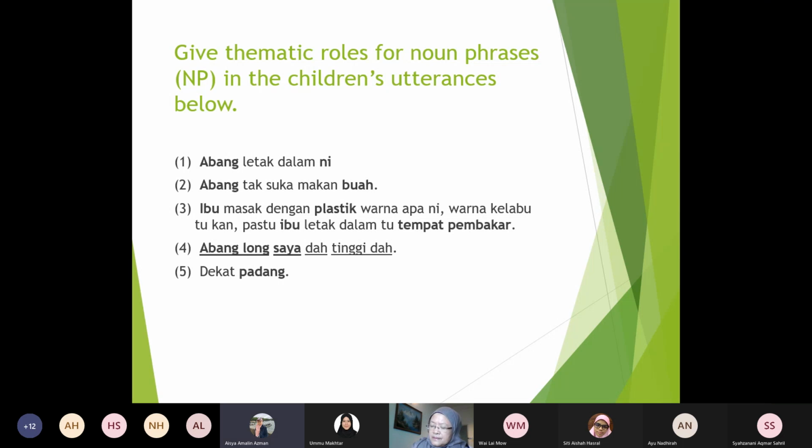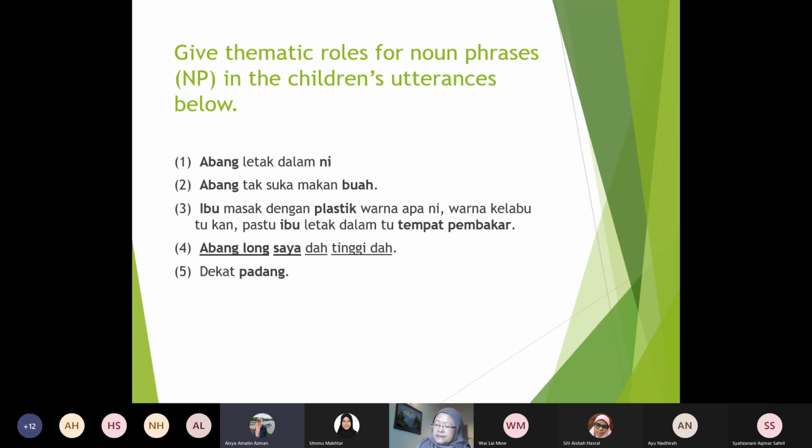So baju is an object and also a theme because it undergoes the activity of washing, and there's an agent. So there is an object and a subject agent.